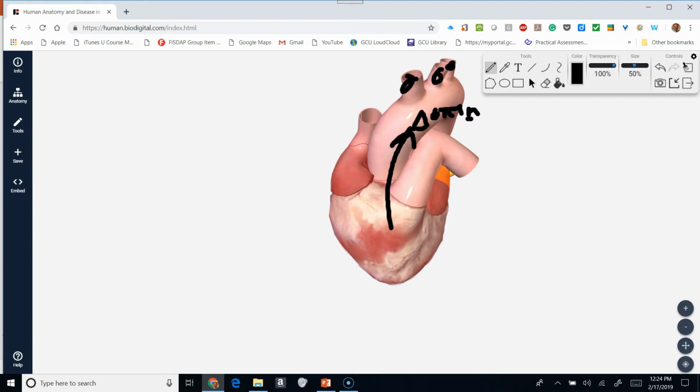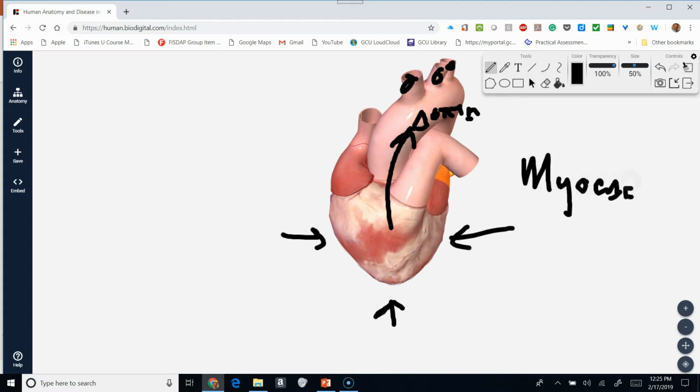And this is also where a small branch from the aorta is now going to perfuse the myocardium itself. Now, although this is the heart, remember that the myocardium is the heart muscle itself. Okay, so it is actually a portion of it.